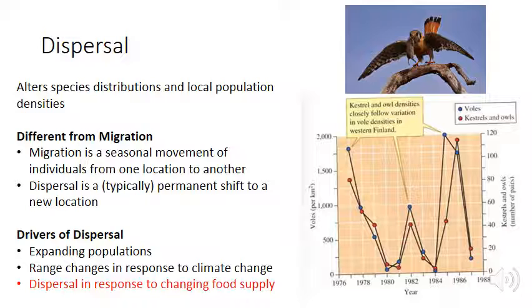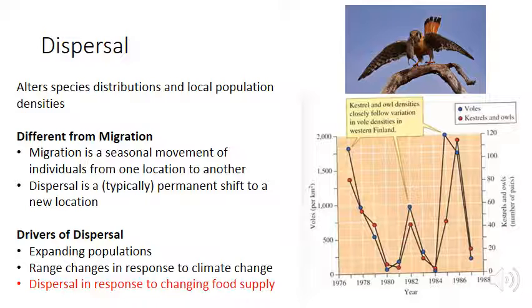But voles are very short-lived mammals with rapid reproduction, and so where you see these huge increases in populations of voles, that's because we're seeing huge increases in reproductive rates of the voles, probably because of climatic factors and the availability of food.